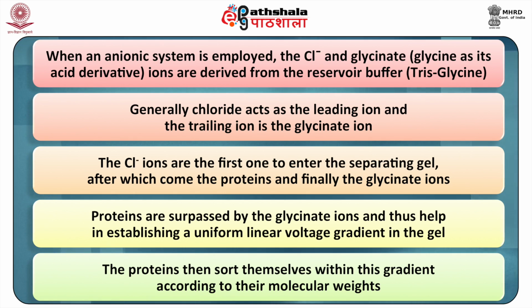Generally, chloride acts as the leading ion and the trailing ion is the glycinate ion. The chloride ions are the first ones to enter the separating gel, after which come the proteins and finally the glycinate ions. Proteins are surpassed by the glycinate ions and thus help in establishing a uniform linear voltage gradient in the gel. The proteins then sort themselves within this gradient according to their molecular weights.